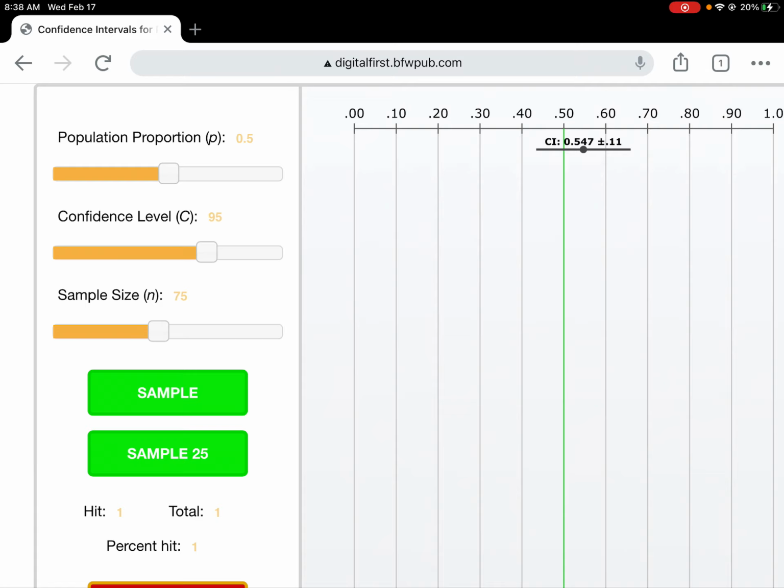The dot in the middle, that is your point estimate. And then, of course, the 0.11 is what we call our margin of error. And this time, the green line passes through the segment. That means we captured the true proportion in our first confidence interval.